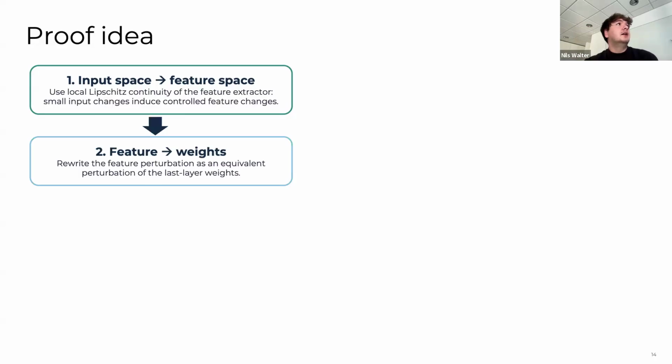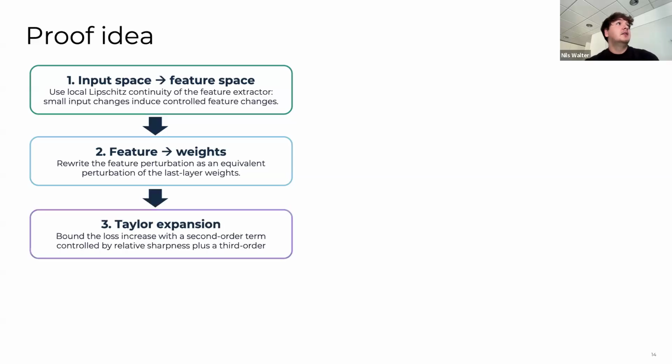Then the next step is we rewrite these feature perturbations as an equivalent perturbation of the last layer weights, what I sketched a few slides earlier, which then is also not as hand-wavy as before, but you can make this proper. Then use a Taylor decomposition to bound the loss, and then you have a second order and a third order term.